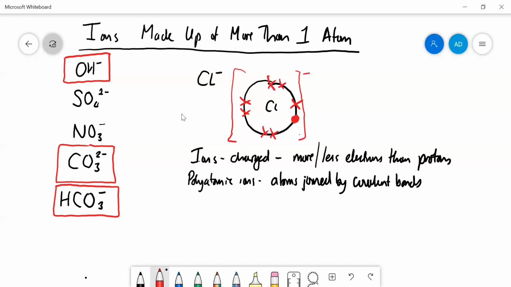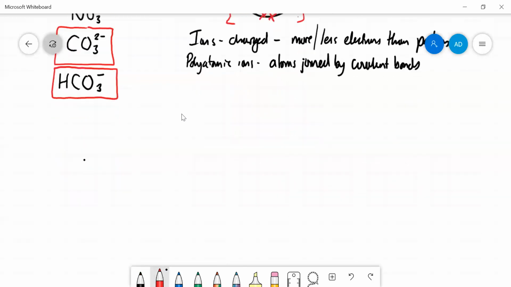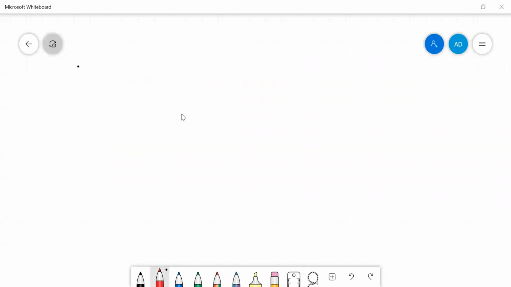Right, let's start off with the hydroxide ion first of all then. Now, we can think of the hydroxide ion as coming from water. So I'm going to draw water like this.